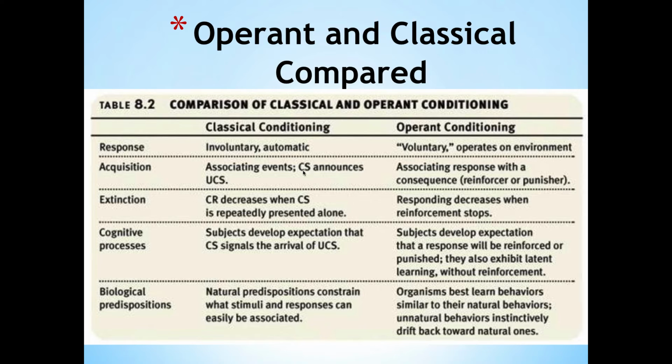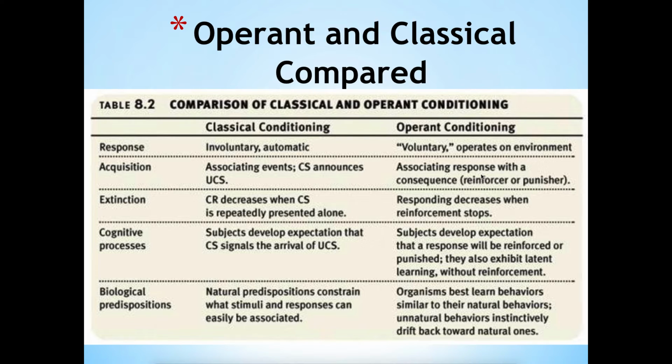Once the bell, or the tone, I should say, became conditioned, the dog now knows when it hears the tone, that predicts the unconditioned stimulus is going to be presented, which is the meat powder. So it's a learned association between the conditioned stimulus, the tone, and the unconditioned stimulus, which is the meat powder.